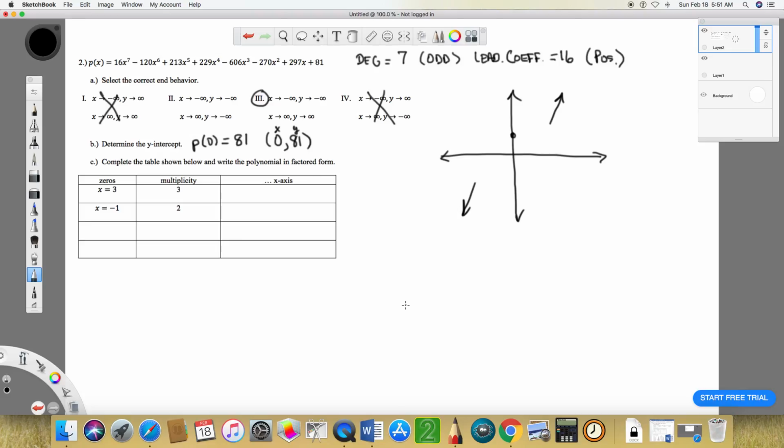All right, so now we want to look at this in factored form so that we can identify the zeros of this polynomial function. Those are the x-intercepts.